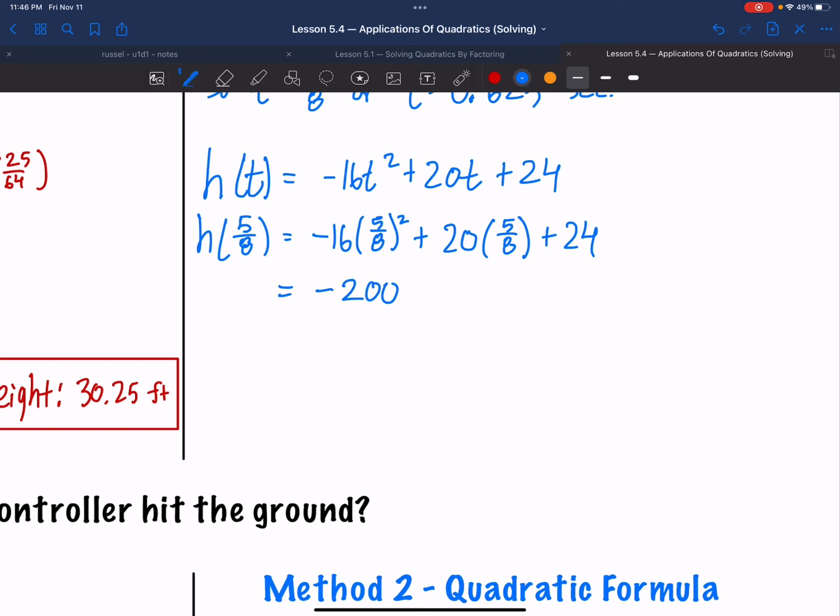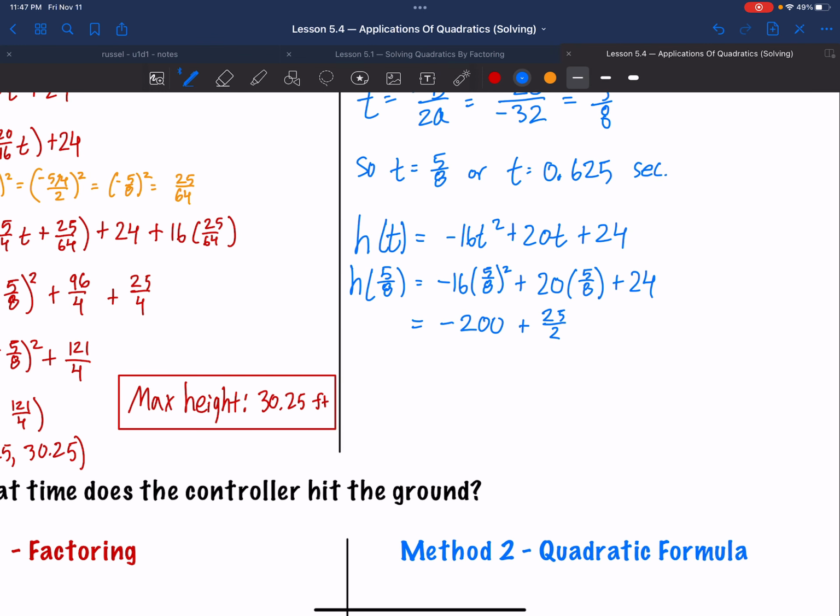Negative 200 plus 20 over 8, 5 times 5 is 25 over 2. So 25 over 2. This doesn't seem right. Hold on. I'm going to go to my Desmos calculator.